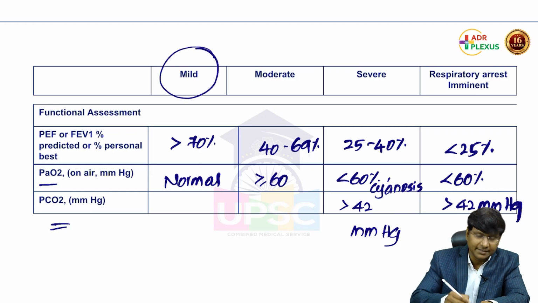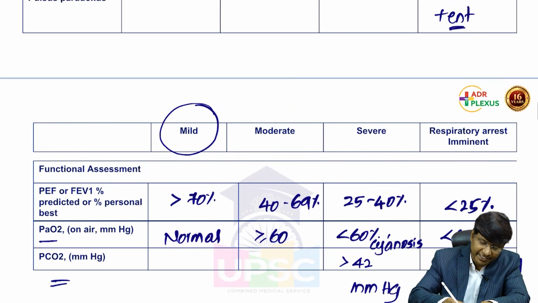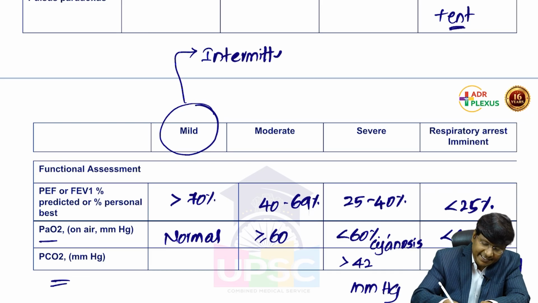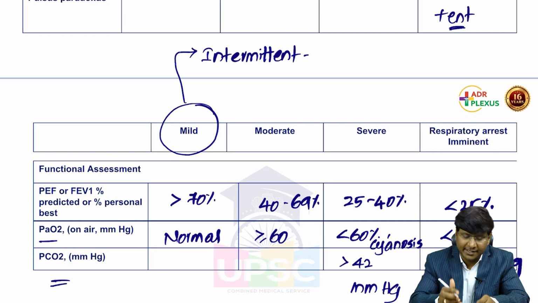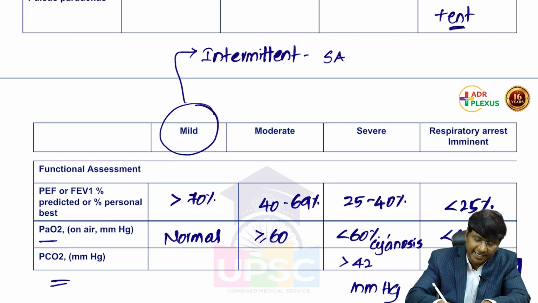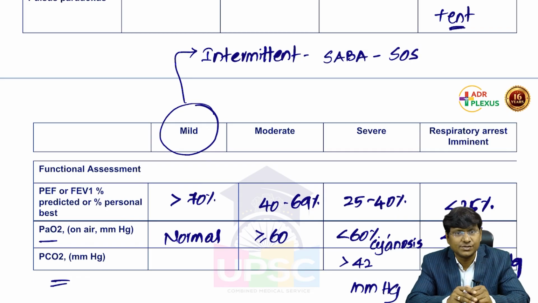So you take mild. Now, if the individual is having mild intermittent form of bronchial asthma, you need to give short-acting beta agonist, and this short-acting beta agonist should be given only on an emergency basis.